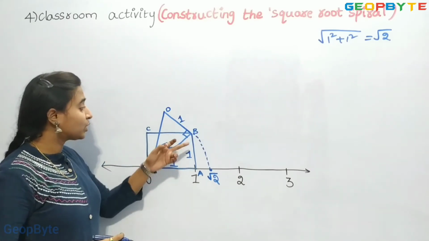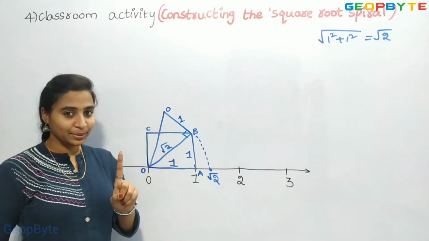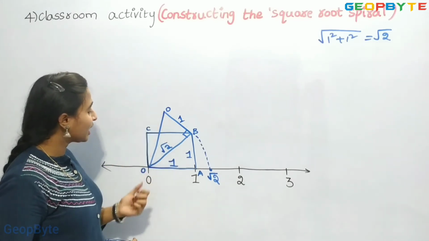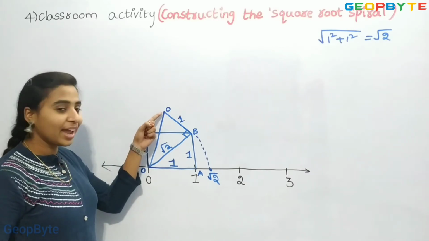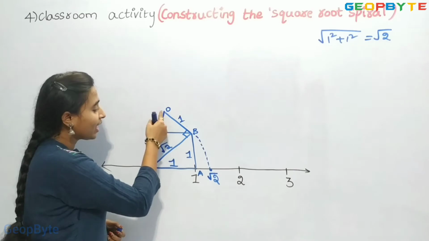See, you need to draw a perpendicular with 1 unit length. After drawing 1 unit length, let us join a line. So after joining, now this is our triangle.